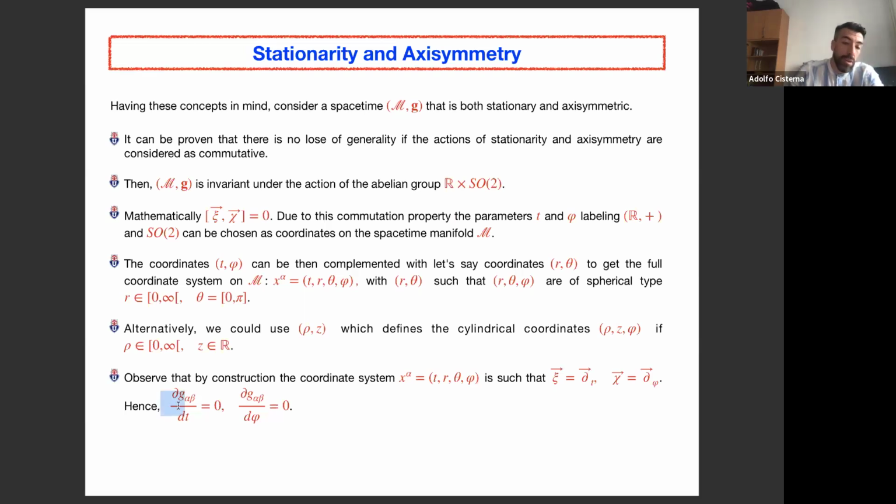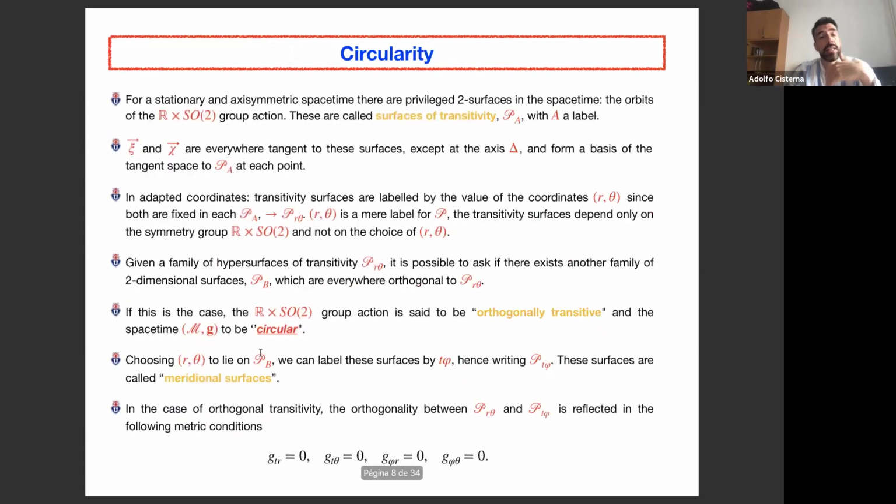So the derivatives of the metric components with respect to t and phi are 0. But by imposing this stationarity and axisymmetry, we are still dealing with a very general spacetime in which many unknown components need to be integrated when dealing with Einstein equations.